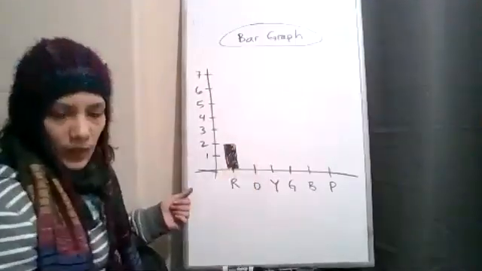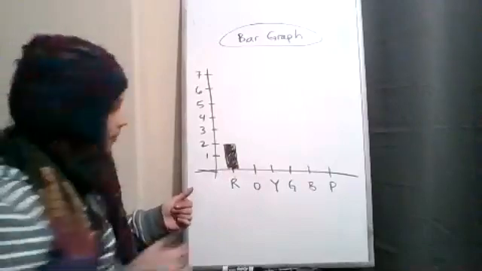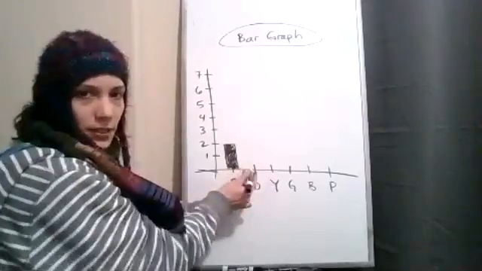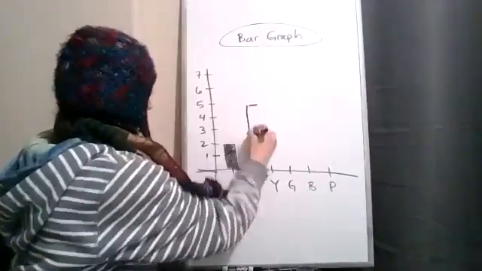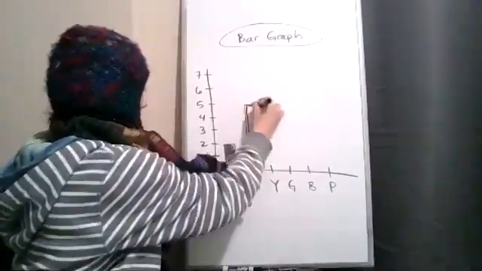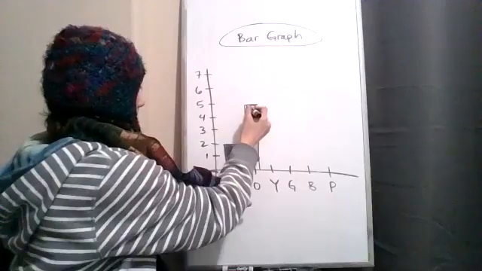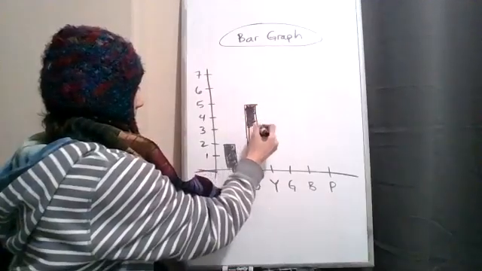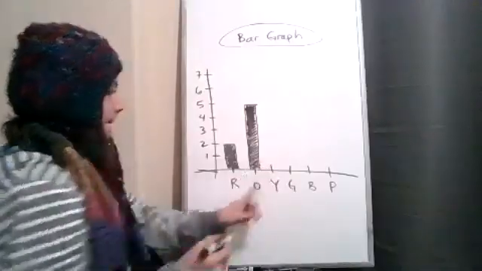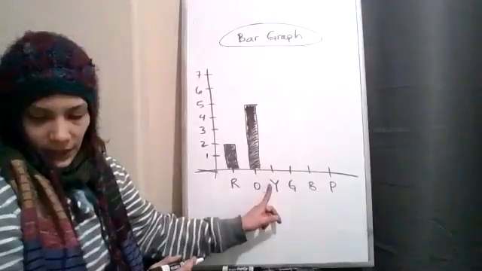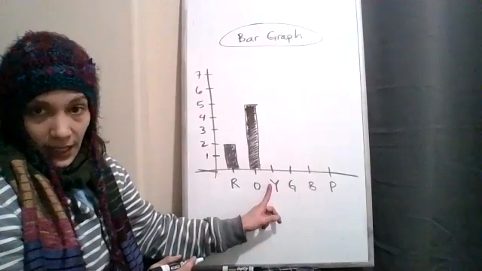Okay. Orange goes to a height of 5. So go around orange, bars don't touch, up to 5 and over. Okay, yellow has height 6, so all the way up to 6.